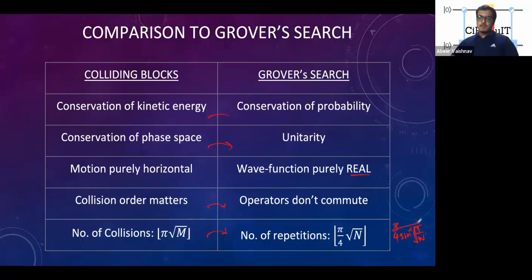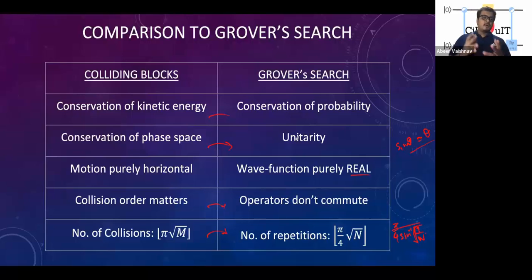It's a simplification because if n is pretty large, then 1 by n will be very small. And we know that if theta is small, then sine theta is almost equal to theta. So sine inverse theta can just be written as theta, giving pi by 4 times under root n. And these are the number of repetitions that we need to do in Grover's search algorithm.